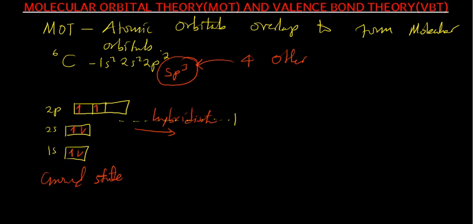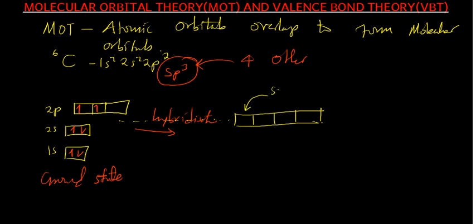Because we are talking about sp3, the 3 p orbitals are going to combine with the one 2s orbital, and so we are going to have 4 of them with the same energy. Each of these is what we call sp3.